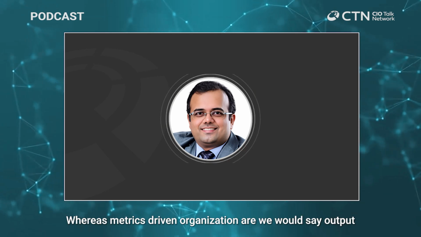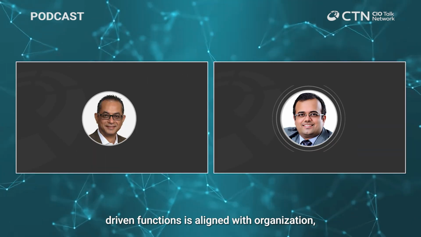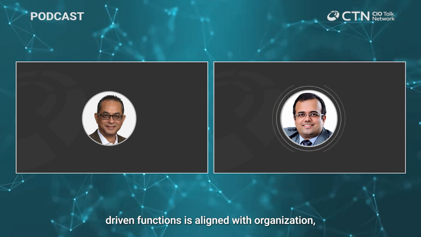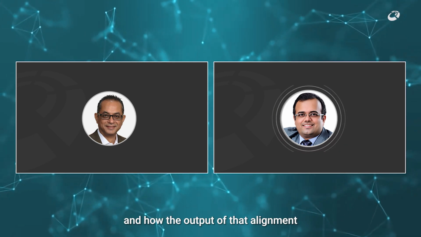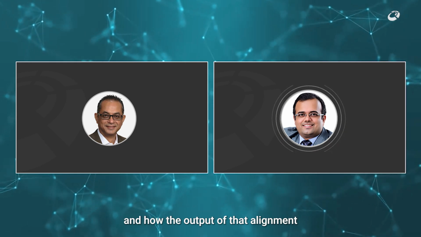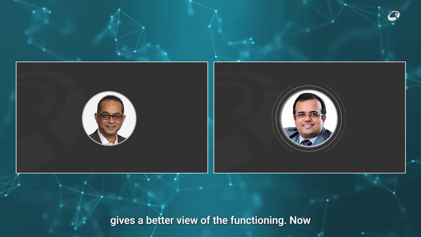Whereas metrics-driven organizations, or output-driven functions, are aligned with the organization's vision, mission, and short and long range plans, and the output of that alignment gives a better view of the functioning.